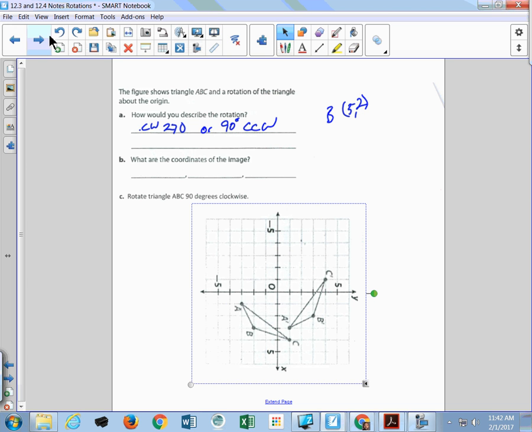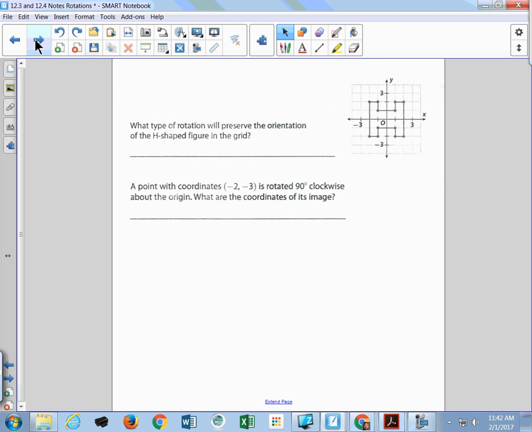All right. What are the coordinates? Well, that's simple. Let's go to the next one just for time's sake again. What type of rotation will preserve the orientation of the H shape figure in the grid? So what kind of rotation will put it back to make it look the same? Wouldn't it just be 180 degrees?